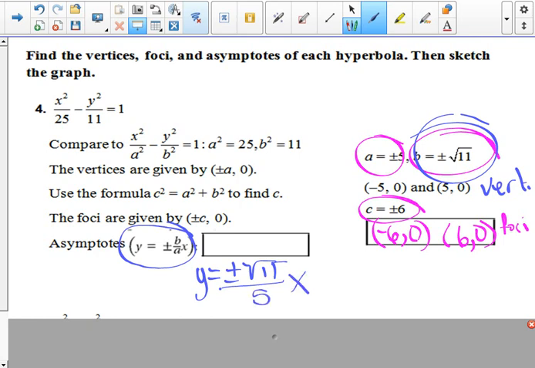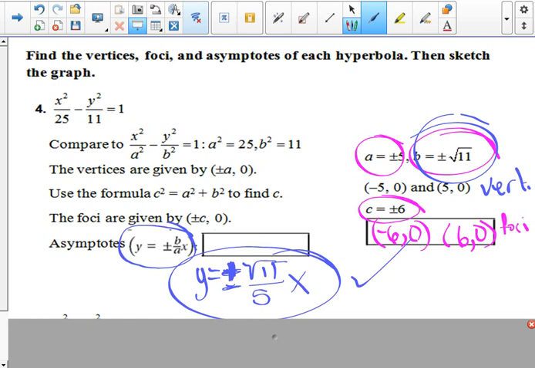Okay. And actually it would be more correct to do this. Plus or minus goes out in front of our fraction here. Y equals plus or minus radical 11 over 5x. And that's your answer. Okay?